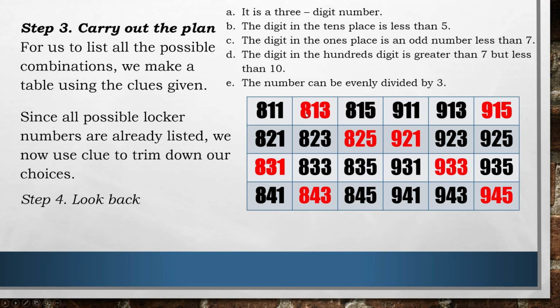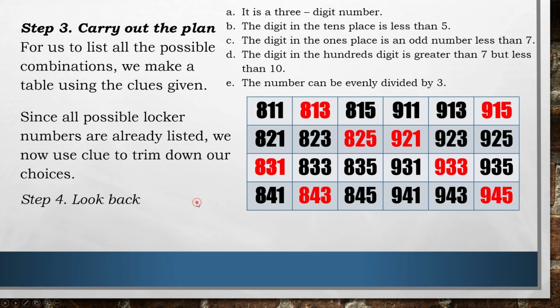Upon doing that, all the numbers in red are divisible by 3. So you can now do trial and error to open the locker of that given lock. From a very big number of choices, we trimmed them down to only 8.